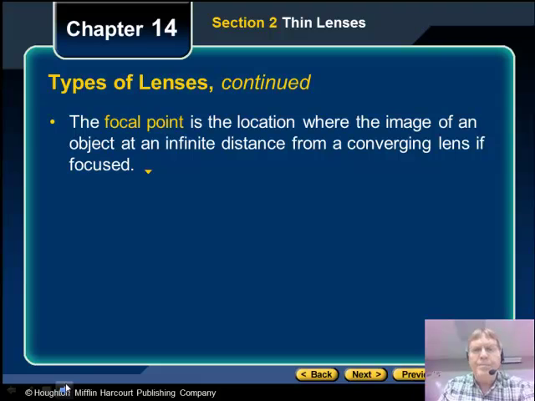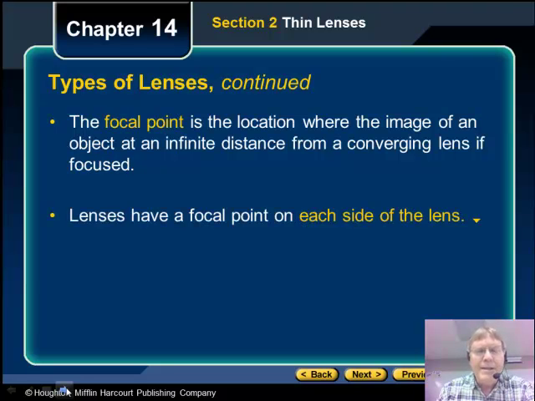Okay, the focal point is where the image of an object at an infinite distance is formed. In other words, rays of light that are parallel to the principal axis will be focused at the focus if they are parallel, and if the distance is infinite, then the light rays are arriving at the lens parallel.